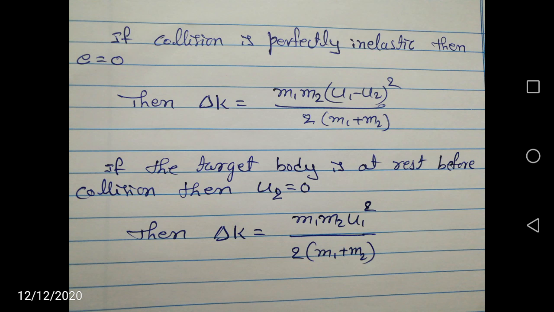If the target body is at rest before collision, then the velocity of the target body u2 is equal to 0. In that case, the loss in kinetic energy is given by m1 m2 u1 square divided by 2(m1 plus m2). This is all about the loss of kinetic energy in case of an inelastic collision.